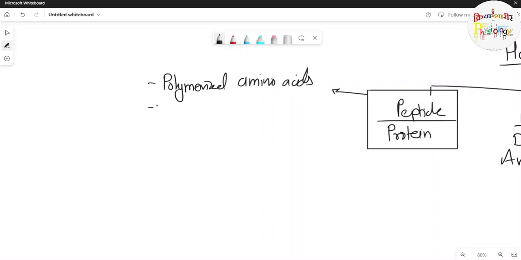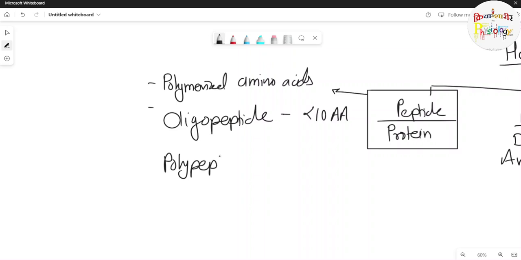According to the number of amino acids, these could be either oligopeptide, meaning a peptide which contains 10 or less than 10 amino acids, or polypeptide, meaning a peptide which contains more than 10 amino acids.